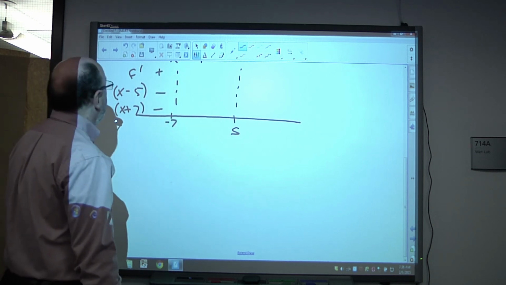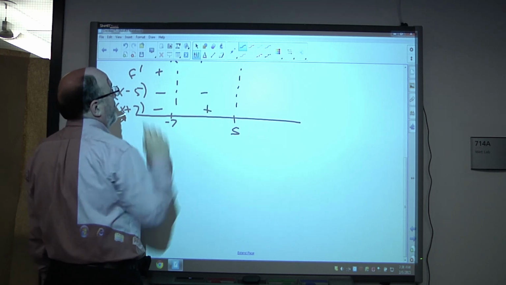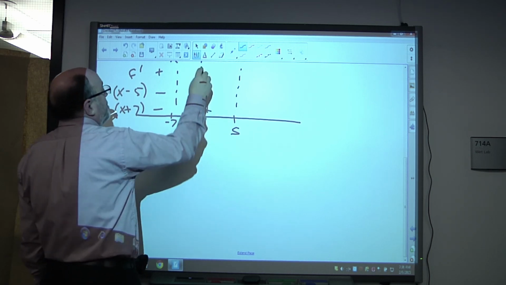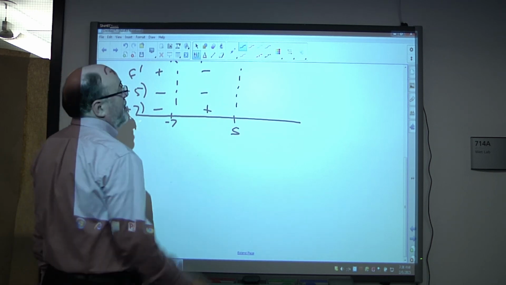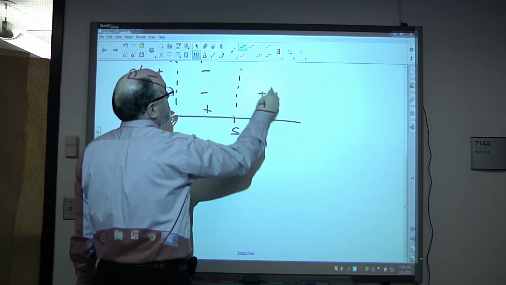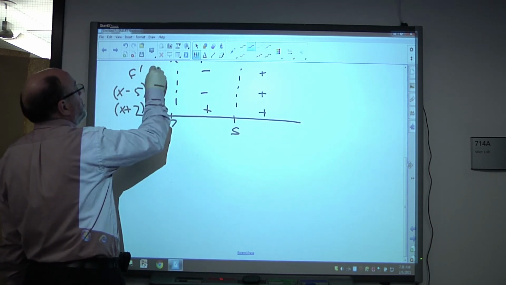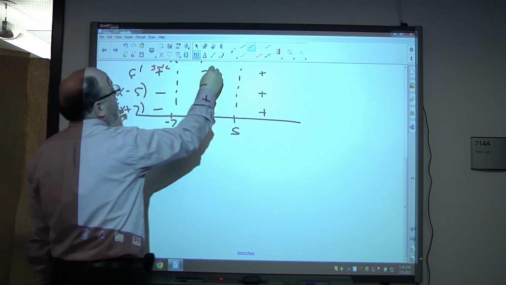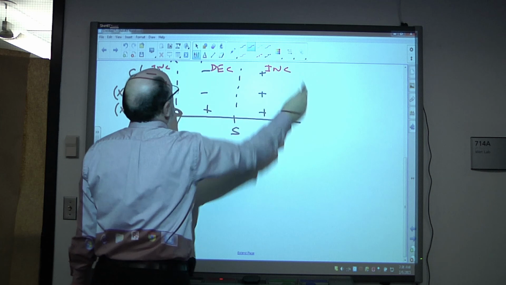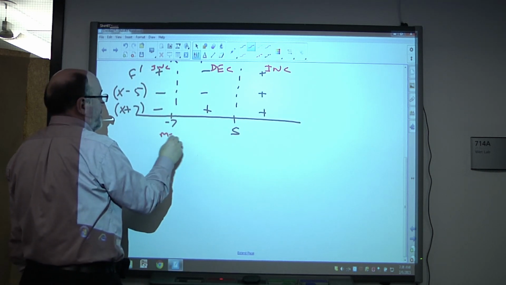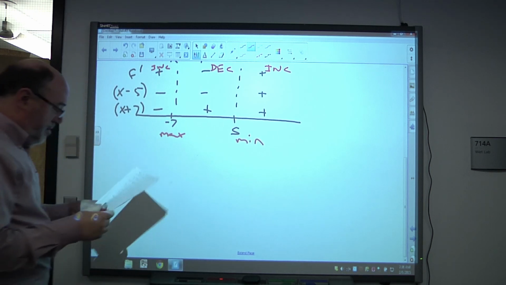In between negative 7 and 5, x plus 7 is positive, x minus 5 is negative, and a positive times a negative is a negative. And lastly, if x is greater than 5, then we're positive across the board. So this will be increasing, this is decreasing, this is increasing, this will be a max, and this would be a min.